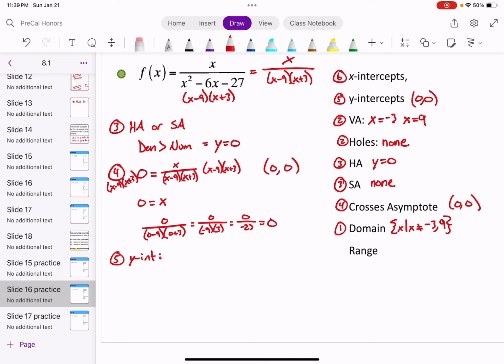Our x-intercept is going to be 0, 0. We're going to take a look at our last part, which is going to be our range. Now in this case, we don't have a slant asymptote. There are no holes, which means that y for our range, such that y is all real numbers.